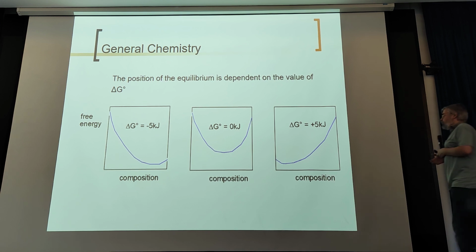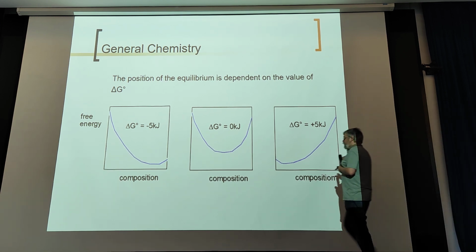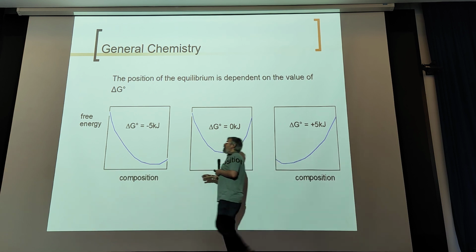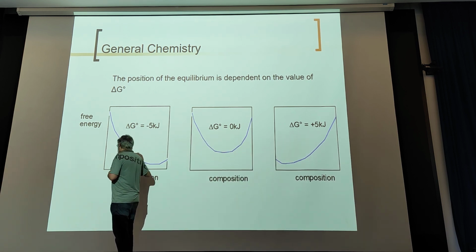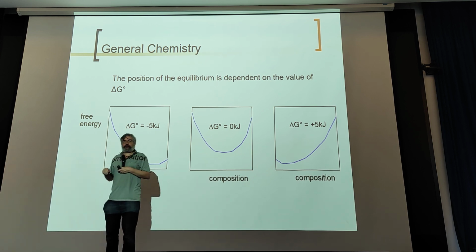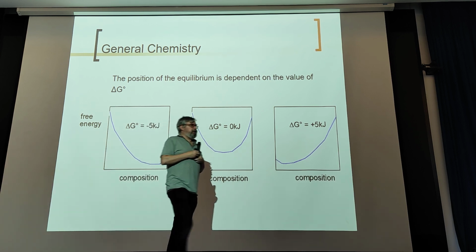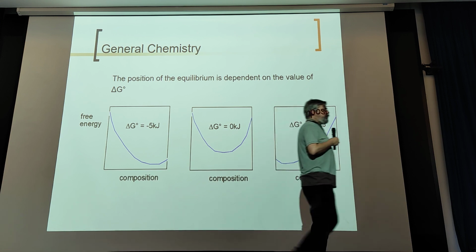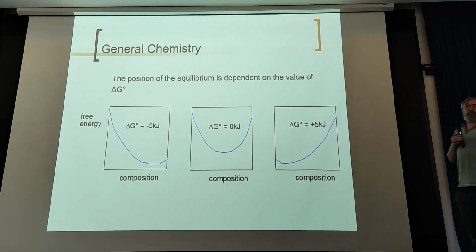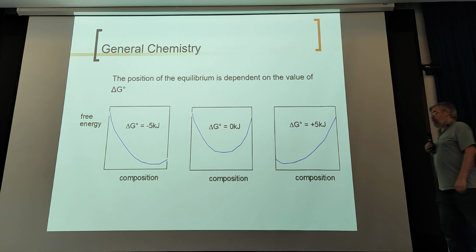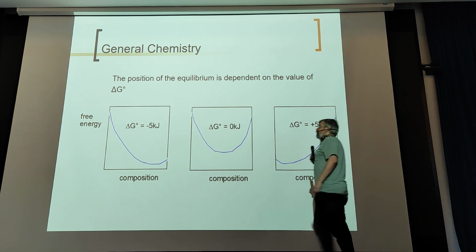Now, again, this is on the x-axis composition, meaning either complete products or complete reagents. And here you can see how free energy could be evolving depending on the size of the standard free energy of the reaction.